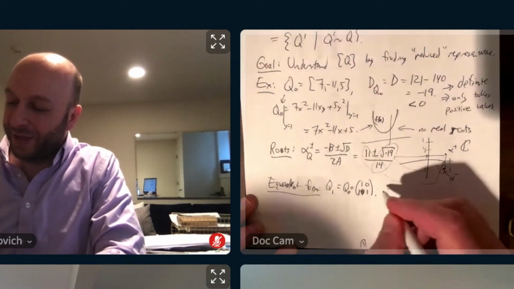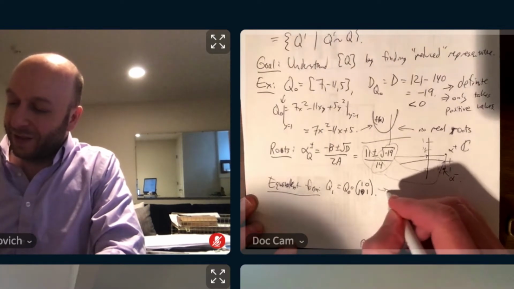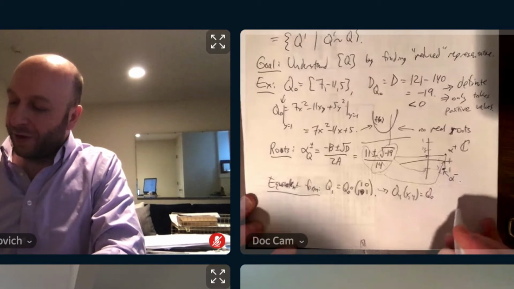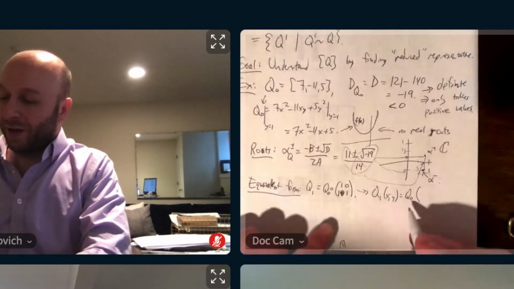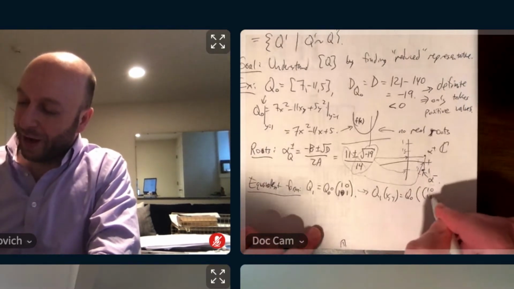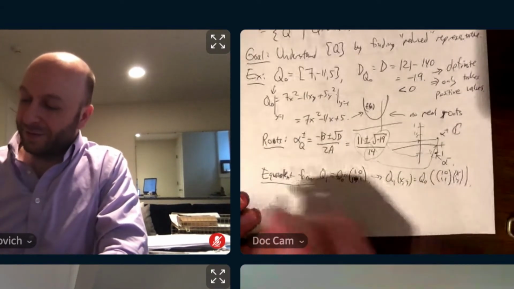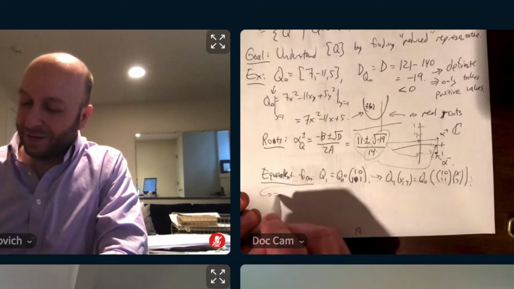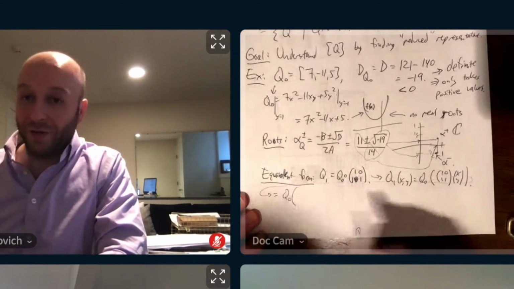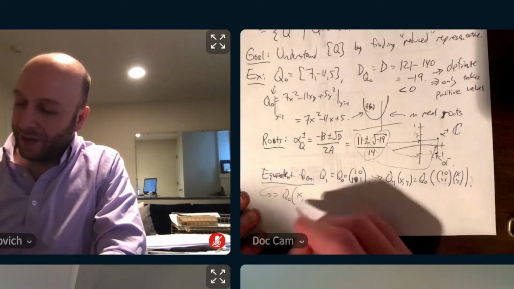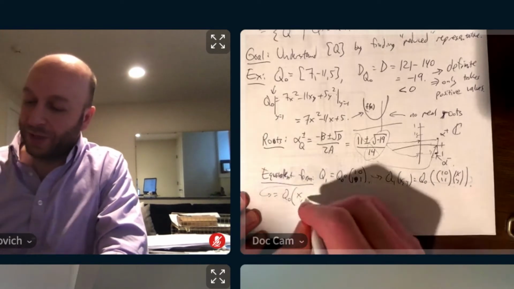So what does this mean? This means that Q1 of x, y is Q0 of, well, let's just work it out from scratch. So I have Q0 of x, and then instead of y, I have x plus y.